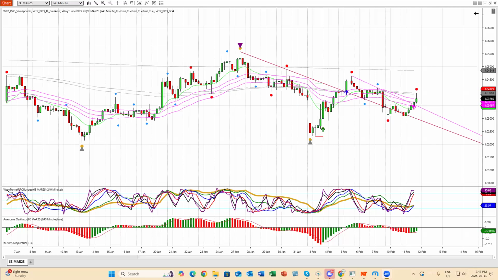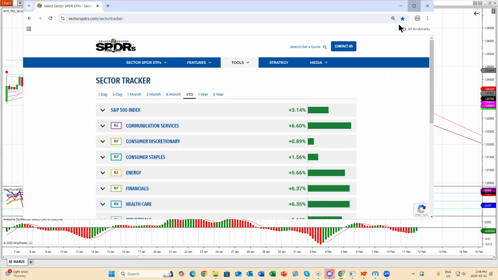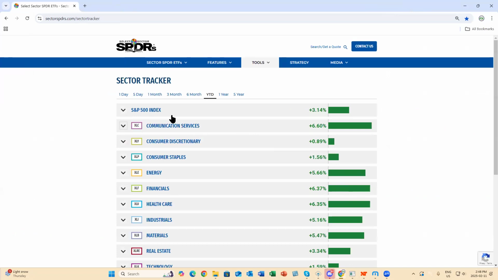In terms of stocks, what I like to do first is look at the sector spider tracker, and that tells me, here, I'll show you. The sector spider tracker tells you year to date where we are with all these ETFs.